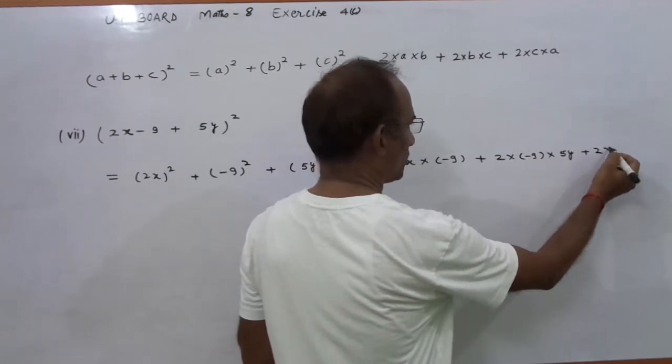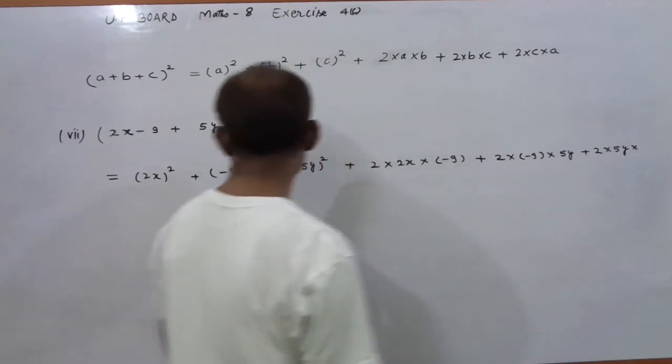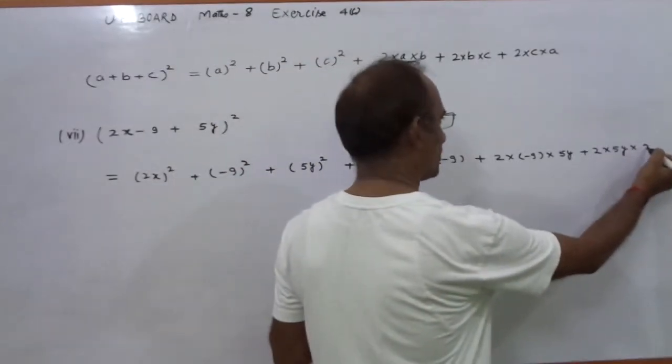Now 2 into the third term 5y and the first term 2x, so here we write 2x.